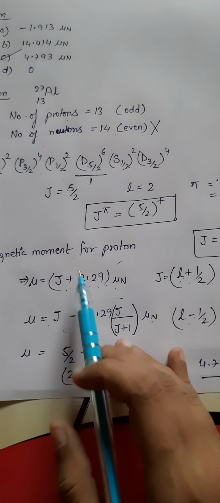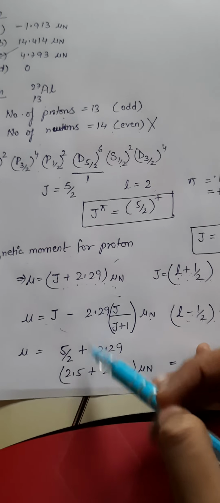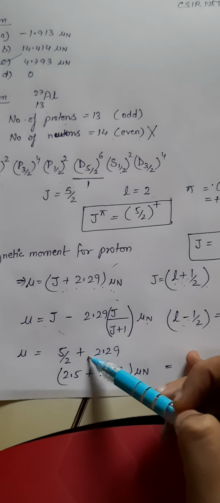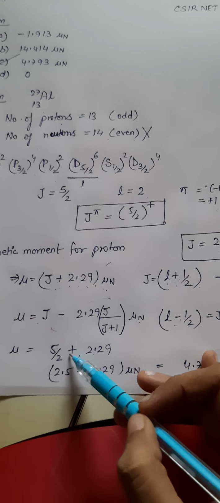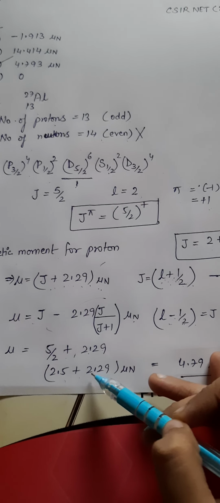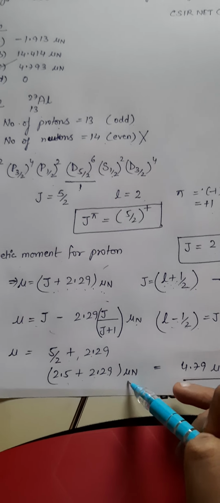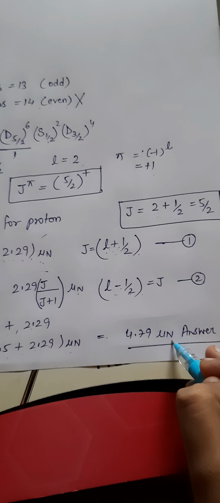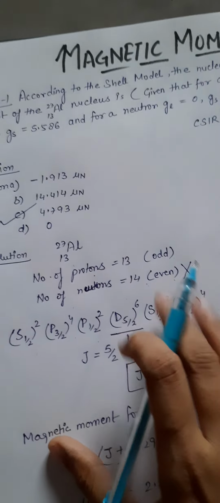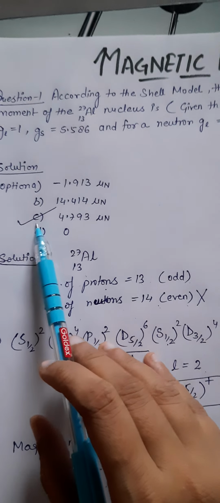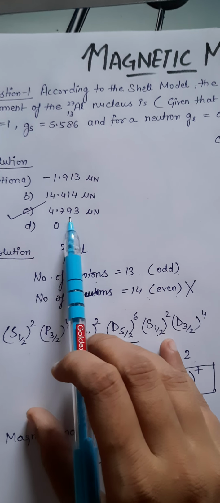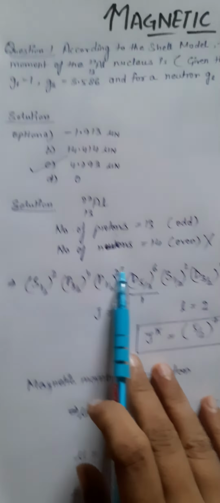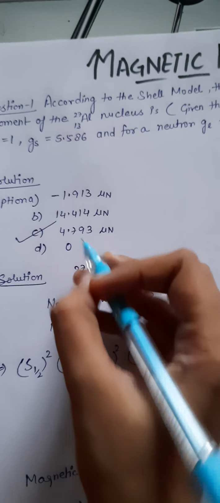So J is 5 by 2 plus 2.29. 5 by 2 is 2.5, plus 2.29 mu n. By calculating this, we get 4.79 mu n. So according to the options given to us, option C is correct.